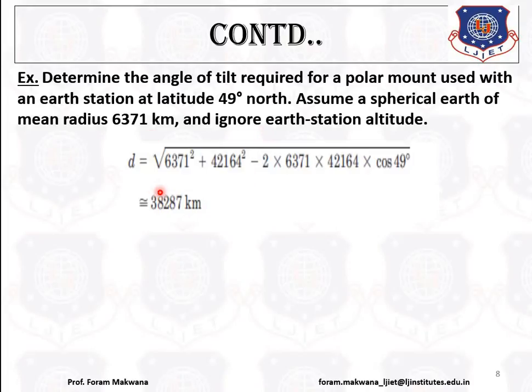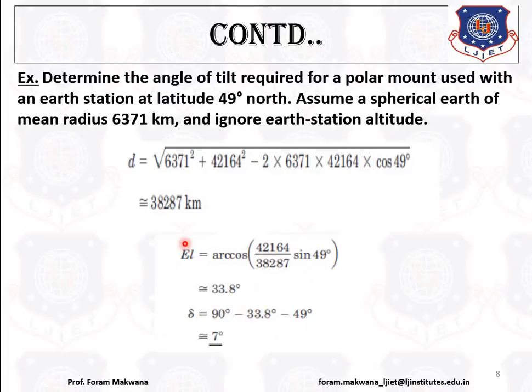We simply use the equation of small d, in which r is the earth radius and A GSO the geostationary orbit radius, minus 2 into r into A GSO into cos lambda E, because lambda E is equal to small b. We get the value of small d as 38,287 kilometers.